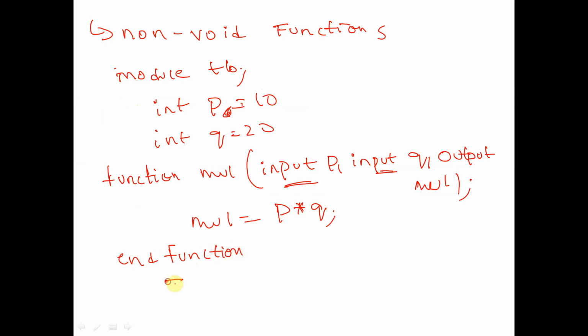Basically this function will multiply my inputs p and q, and the output is stored in the variable multiply.